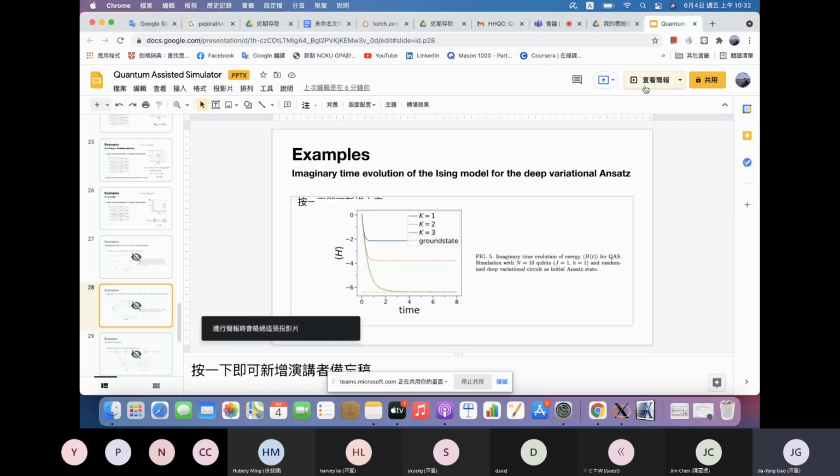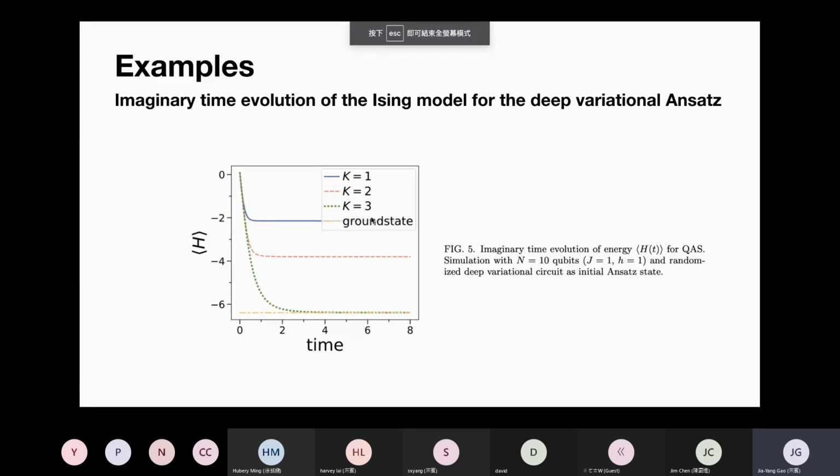And they also show the result of imaginary time evolution. Maybe two months ago, I gave a talk on imaginary time evolution, and if you remember, the conclusion is that it is equal to the natural gradient.